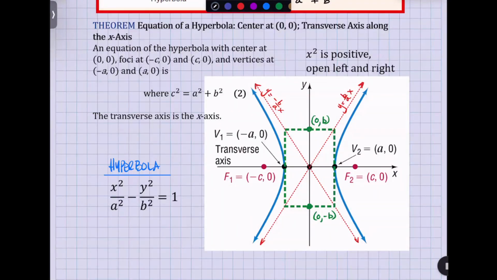So this is how we determine if it's going to go along the x direction or the y direction. So here it is. If the x squared is positive, it will open towards the x direction, left and right. If the y squared is positive, then it'll open up and down towards the y direction.